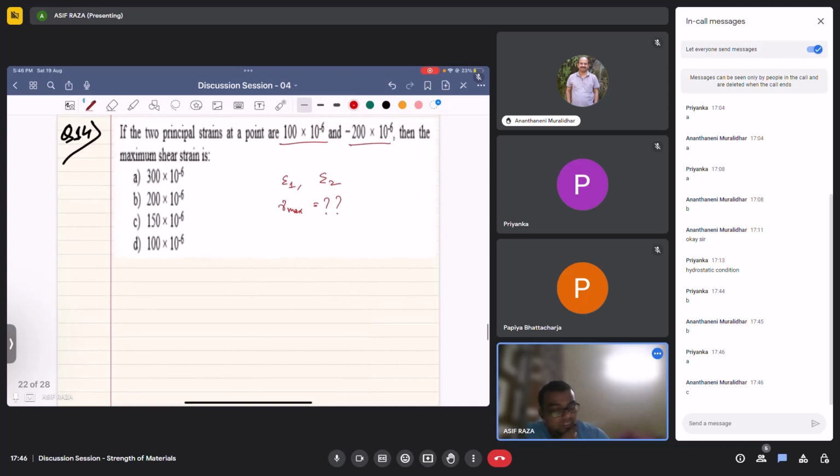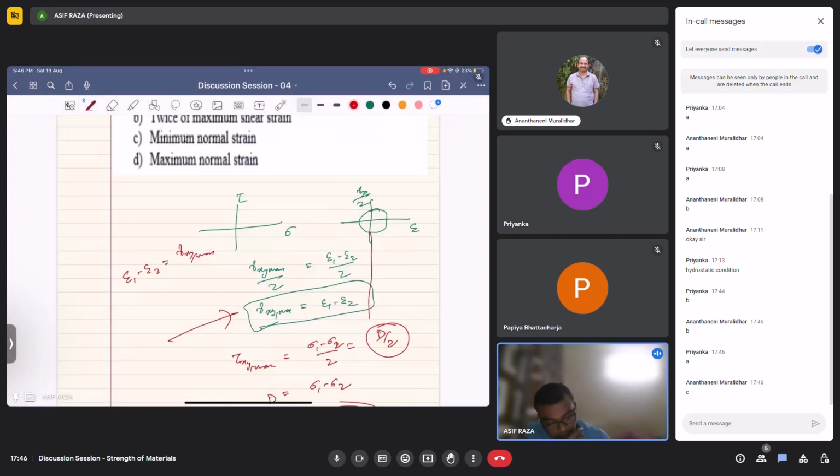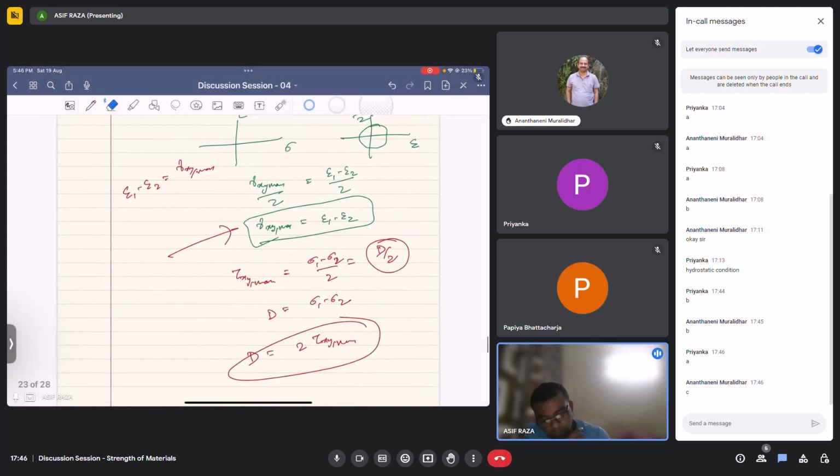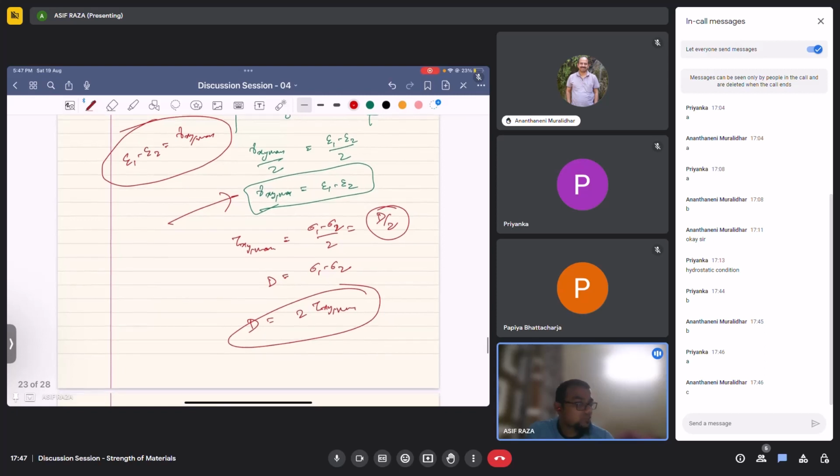So like we discussed earlier, if you remember this part, epsilon 1 minus epsilon 2 is gamma xy max, and tau xy max is actually sigma 1 minus sigma 2 by 2.